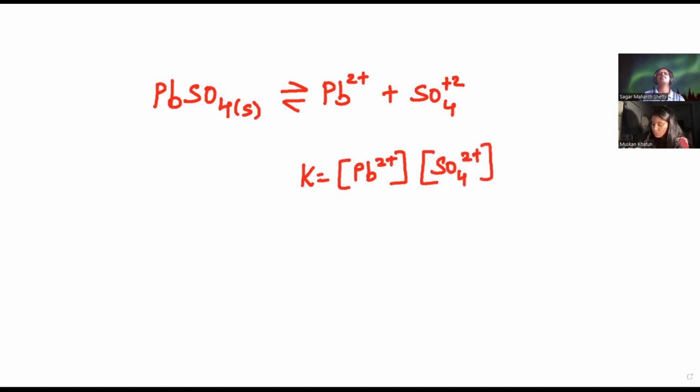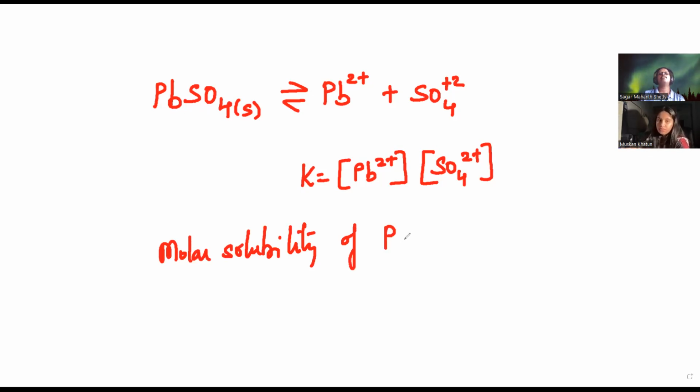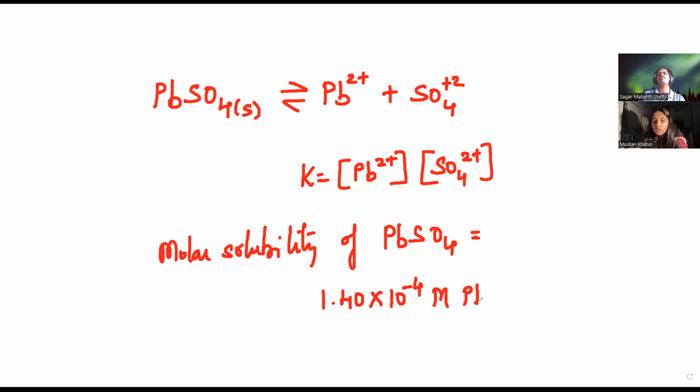So once this is done, now the question is the molar solubility. Mathematically, the molar solubility of lead sulfate would be equal to 1.40 times 10 to the power of minus 4 M of lead sulfate.